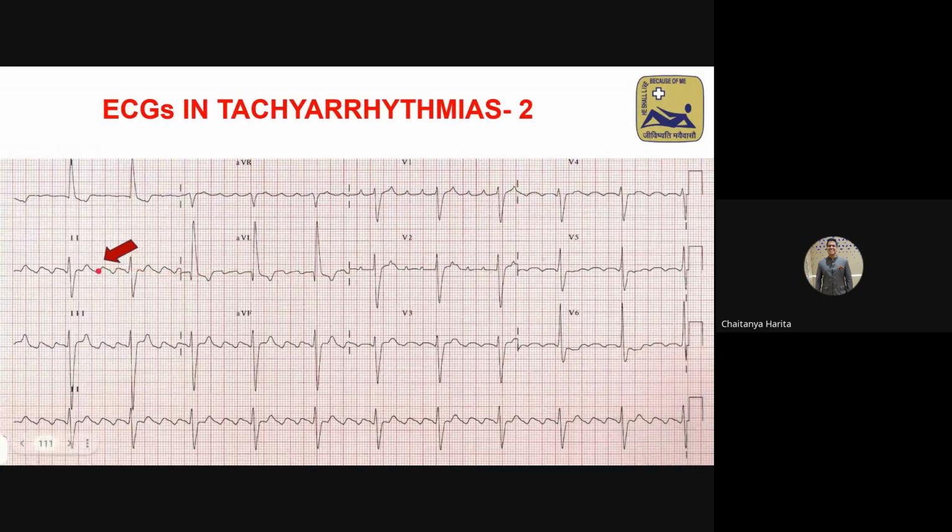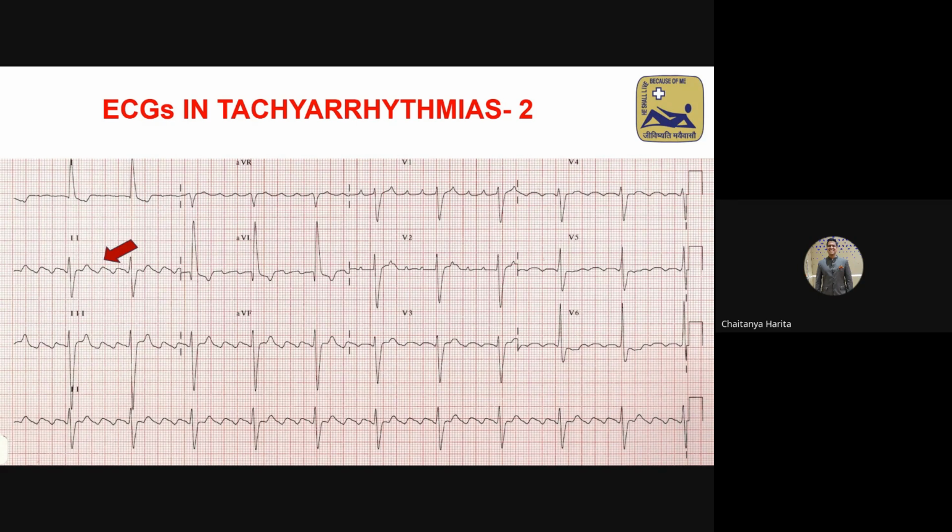And if you look at lead 2, both on the bottom and where the red arrow shows, you will see these multiple waves. So this ECG is in a gentleman whose ventricular rate is normal. Well, these abnormal waves are classically called flutter waves. So the waves that you're seeing in lead 2, in lead 3, in V1 are classically flutter waves.